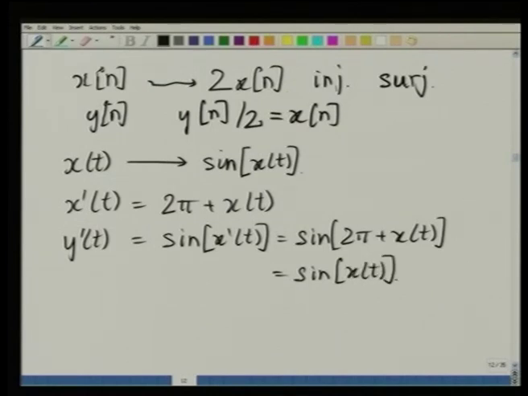So, we have chosen x'(t) as a signal which is also real valued and most obviously different from x(t) itself. So, x'(t) and x(t) are two different input signals, but the outputs are the same. So, this system is not injective.